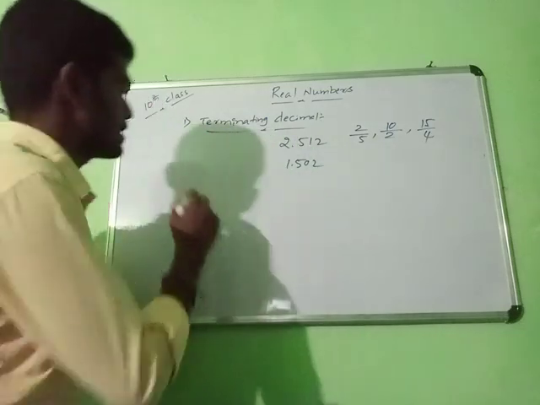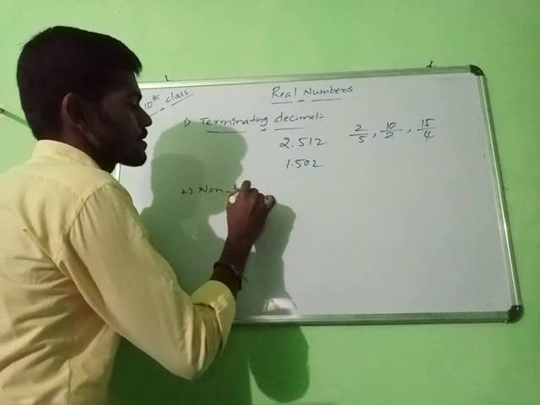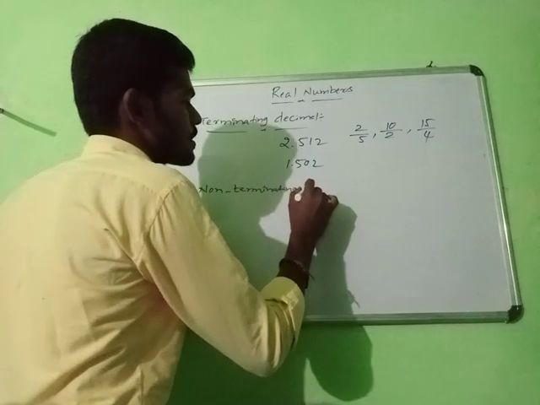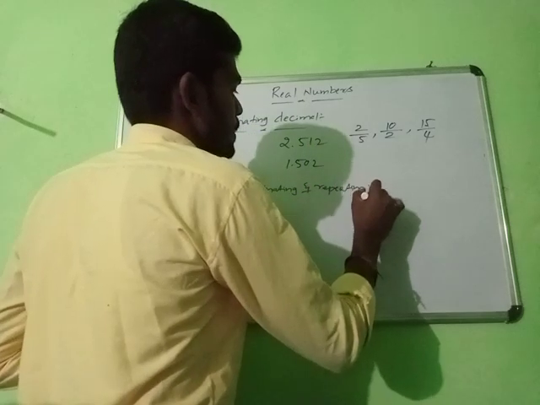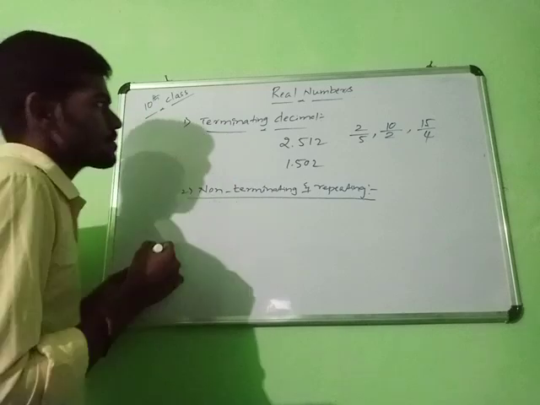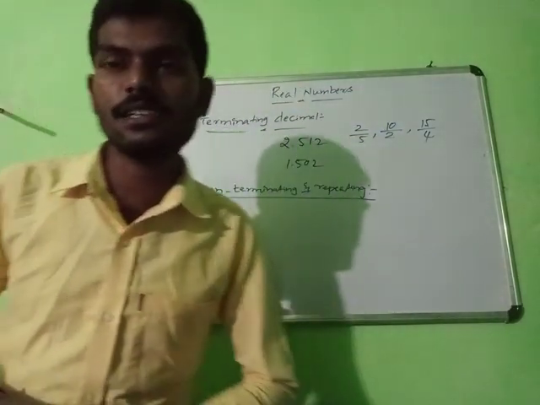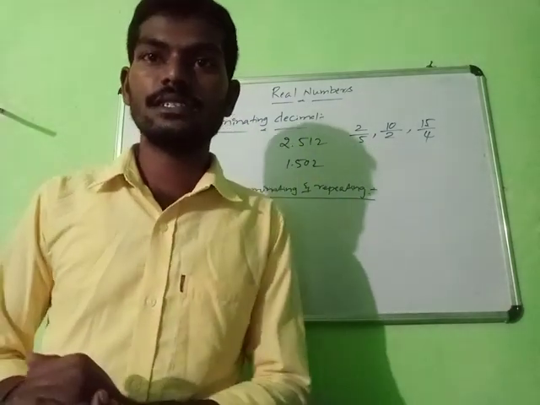The second one is non-terminating and repeating, or recurring, decimal numbers.